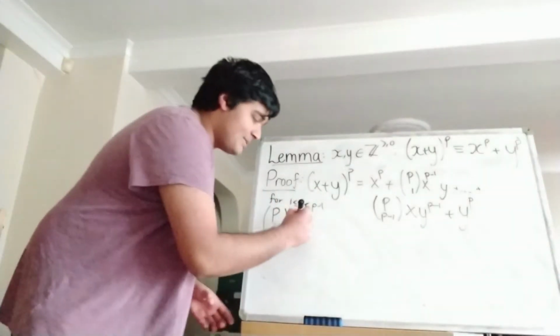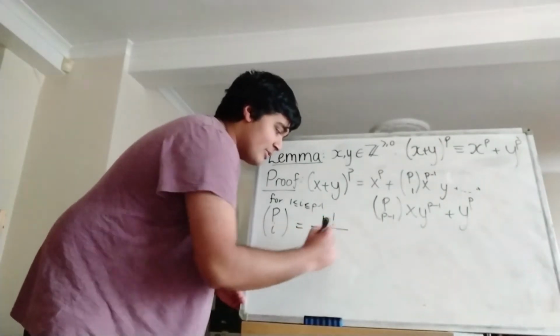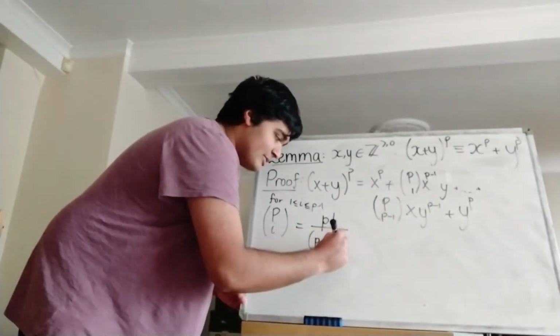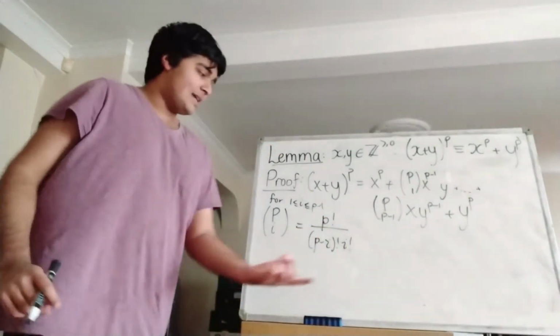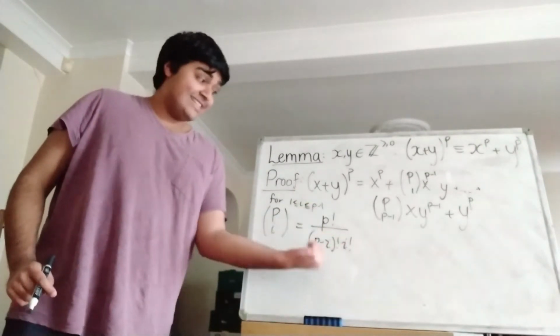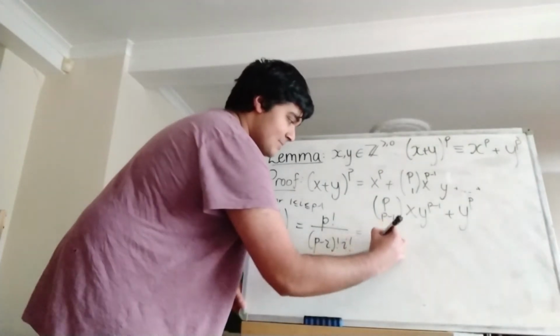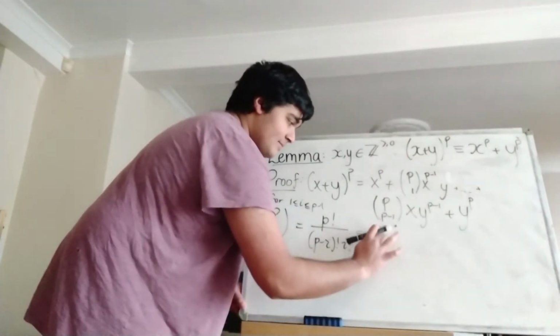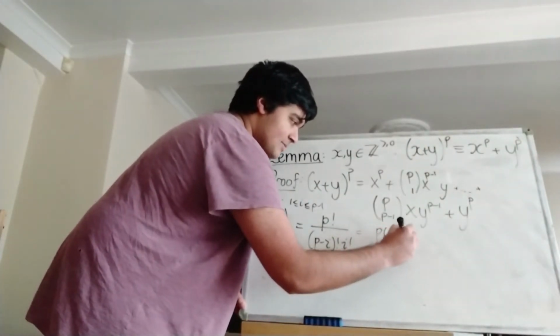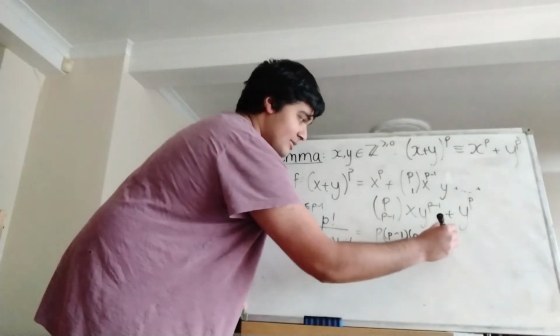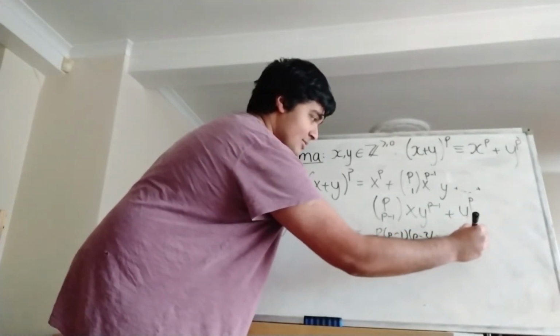And to see that, what is p choose i? That's p factorial over (p minus i) factorial times i factorial. Now we know that this thing here is an integer. But notice if we expand the top, this is p times p minus 1 times p minus 2, and so on, down to 3 times 2 times 1.